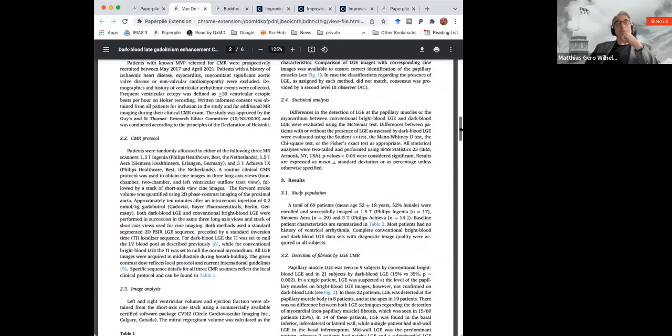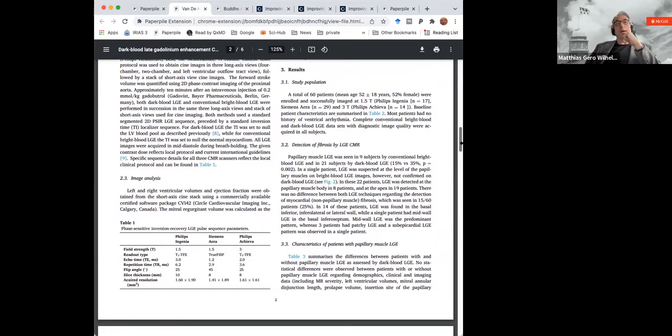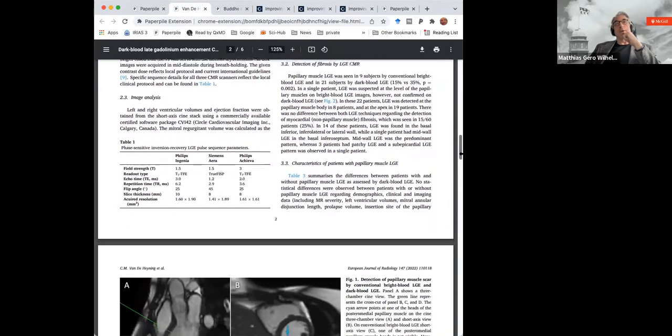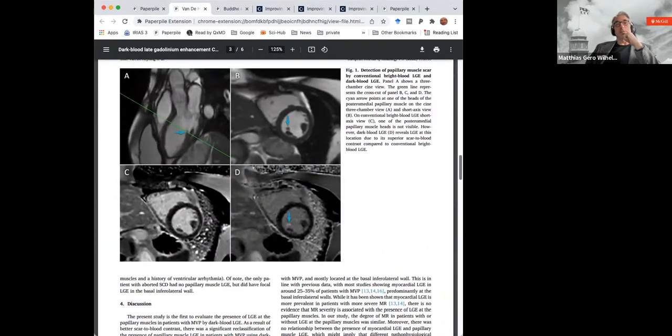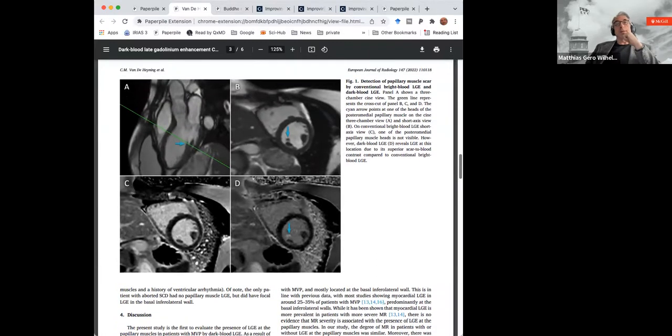The images were analyzed using standard methods, and looking at the fibrosis, these two techniques were used, bright and dark blood LGE, and this is maybe the most important visual of this study. Here, identified in the cine images, there's this part of the papillary muscle, which sometimes can be multi-headed.